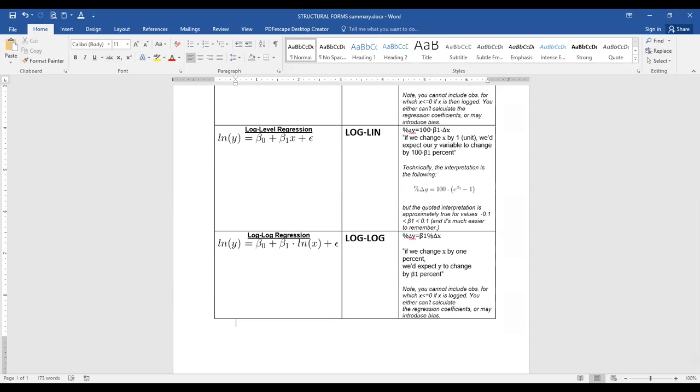Sandali ha, I'm going to use this. So how do you interpret a log form? Sabi diyan sa notes niyo.